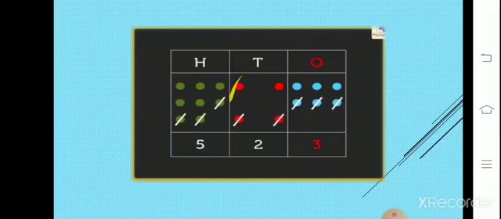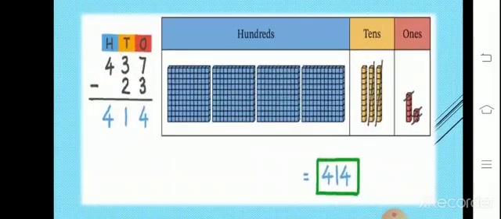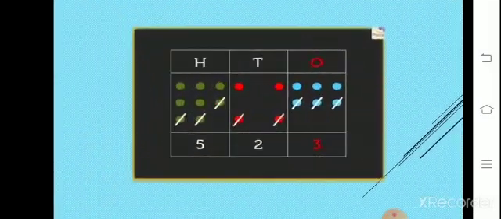There are a total of 4 balls at the tens place and you cut down 2, and the remaining balls are 2. Then at the 100 place, we have 8 balls here and we cut 3 balls, then 5 balls are remaining. So you will get 523.